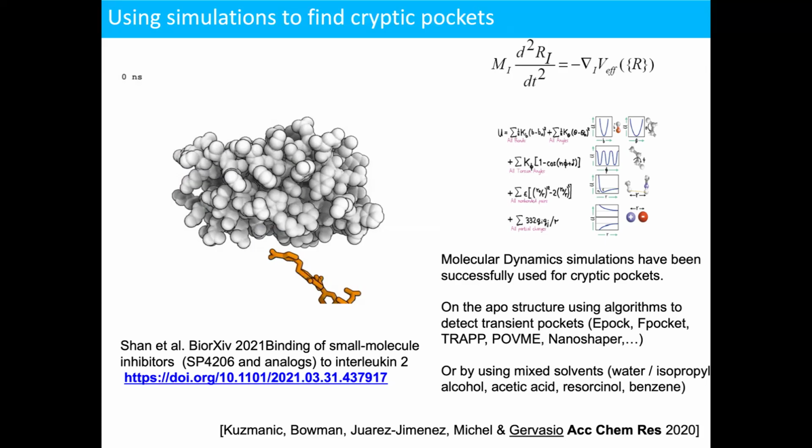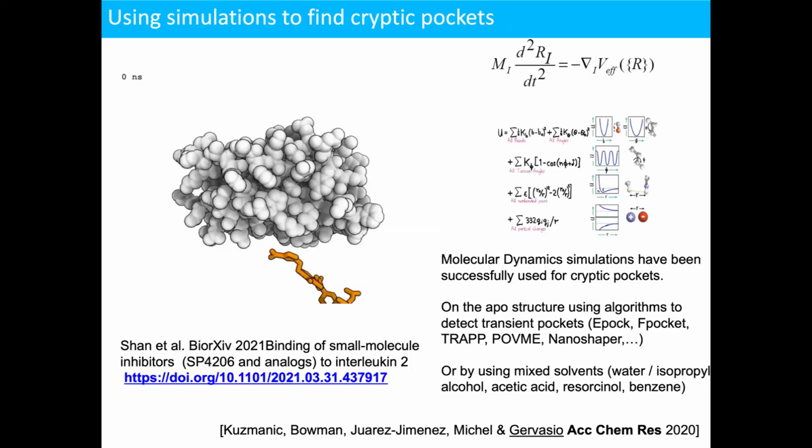And this is why when you run your simulation with mixed solvents, like water with isopropyl alcohol or water and benzene, resorcinol, acetic acid, and there is a large literature about mixed solvent simulations, often these are much more effective than just running your protein in water.